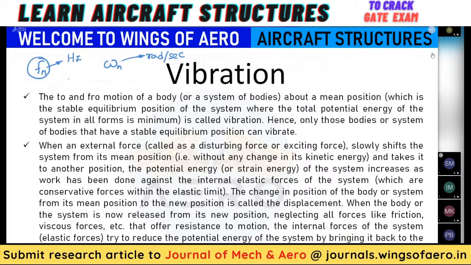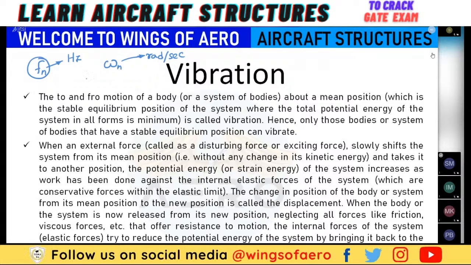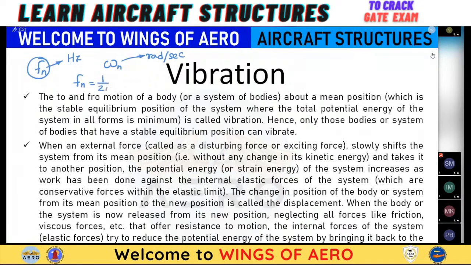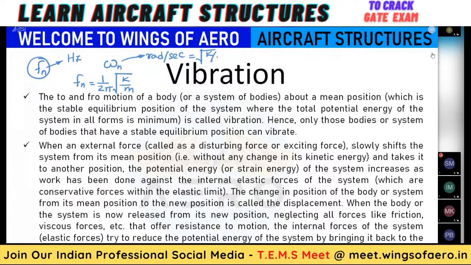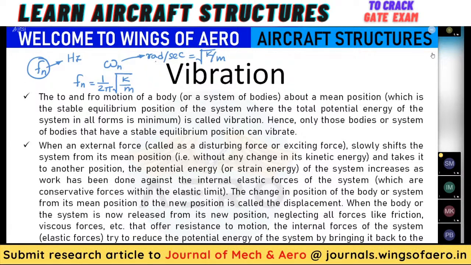Now there is one formula combination: fn equals 1 by 2 pi root over k by m, and this root over k by m represents omega n, whose unit is radian per second.